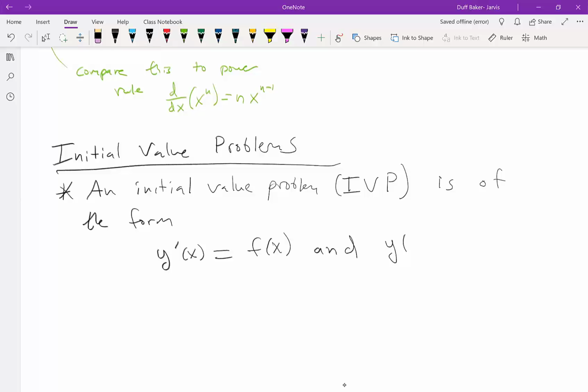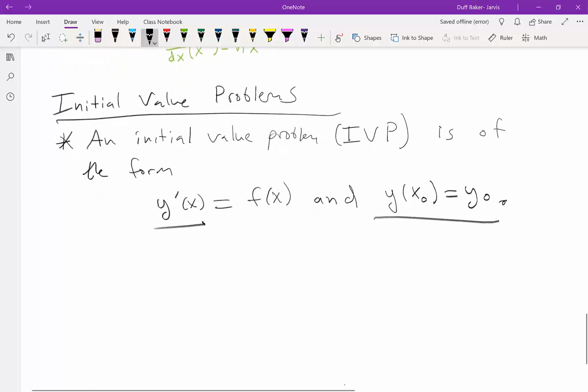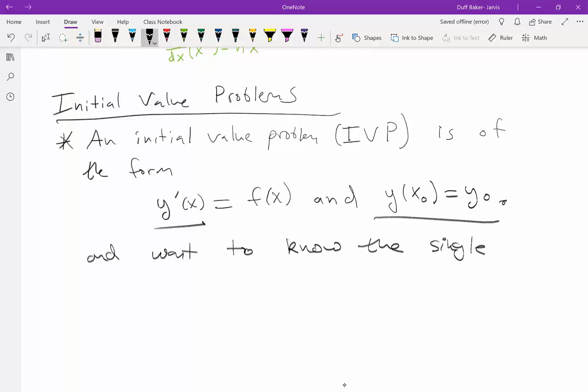Let's write it as x naught. Okay, so you're given the derivative and a single point, and what you would like to know is the antiderivative.